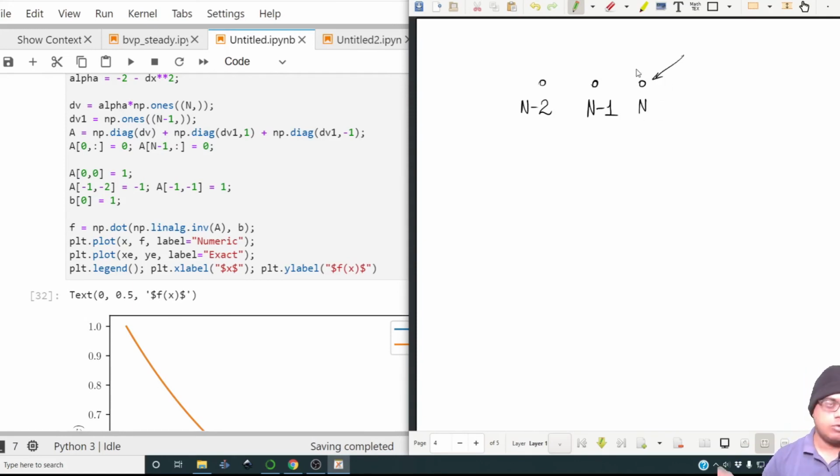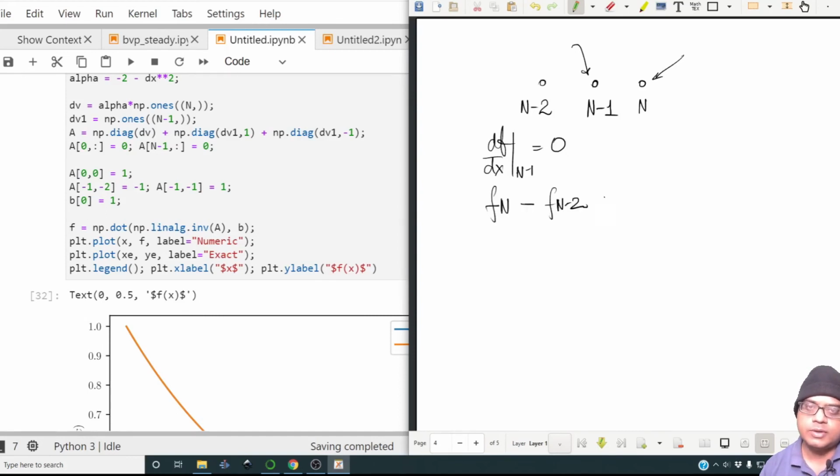This is actually not a part of the domain, it's an extended ghost node that you have in order to do something with it. So now the boundary condition was df/dx at the n minus 1th node is equal to 0. So (f of n minus f of n minus 2) divided by 2 delta x is equal to 0. But because it's using the nth node and n minus 2nd node, it's order delta x squared accurate. Alright, the truncation order is of order delta x squared.